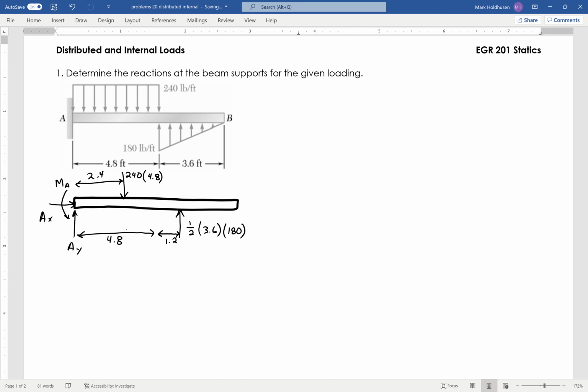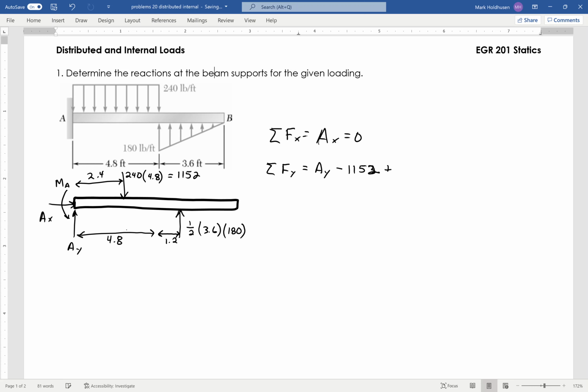So now that I have that, I can go ahead and, with that free body diagram, sum the forces in the x, where all I have is AX, therefore it equals 0. Pretty trivial. In the y direction, I'm going to have AY, and then negative that 240 times 4.8, which is 1152.